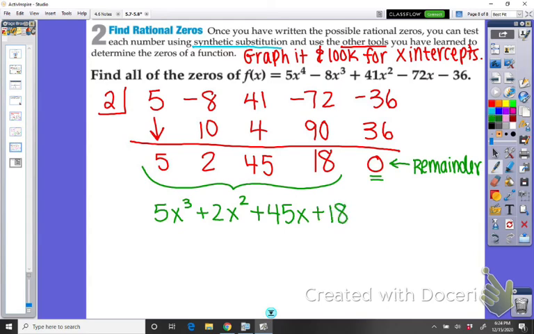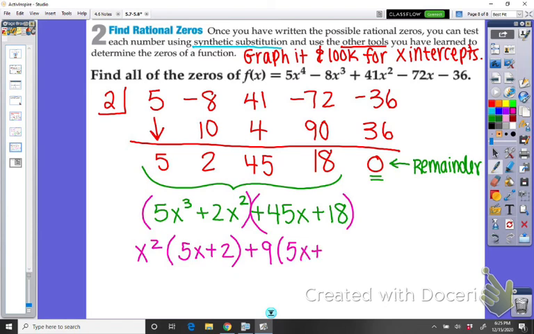One of the factoring go-tos when you see 4 terms is grouping. So we're going to factor this by using grouping methods. What comes out of the first group? Let's see, just x squared. So then you have 5x plus 2 left over. The next group, you have a 9 that divides into both of them, so you have 5x plus 2.